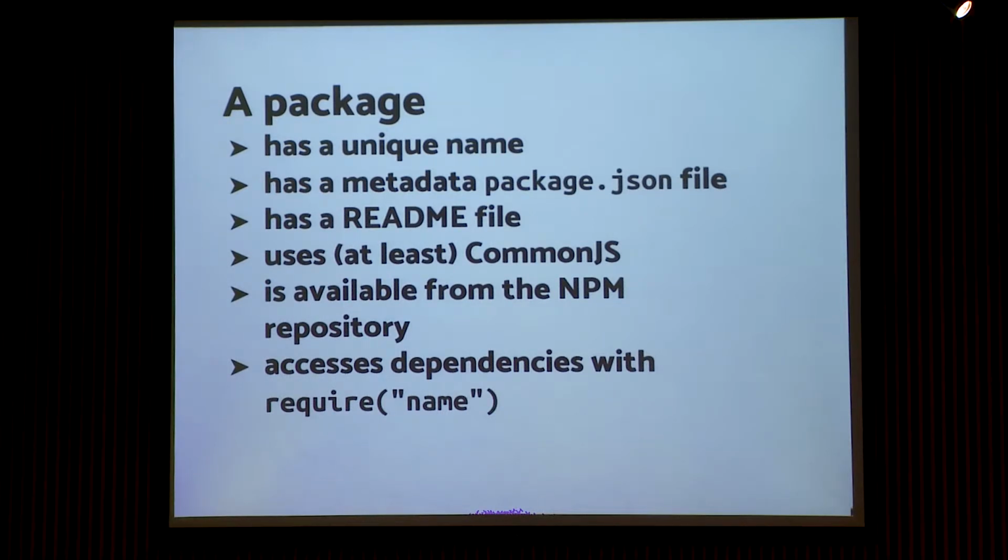But at least CommonJS, so you know how you can approach it. You can download it from the npm repository, and it accesses its sub-dependencies using require and then just a name, which Node's resolution, or your bundler's resolution algorithm, can then map to the actual dependencies that were installed by the tool.